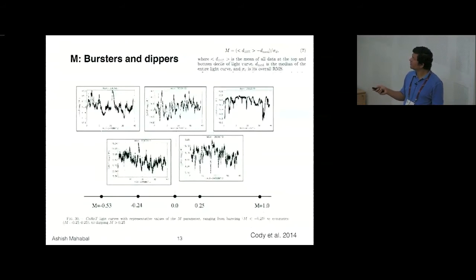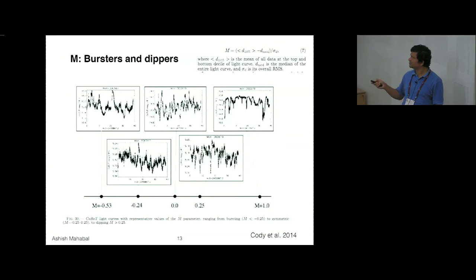Another one is where you find out points that are either in the top 10% or the bottom 10% and compare that with the median for the entire time series, and you define this M with that, which gives you bursters and dippers. So here again, minus 0.53 is what you get for something that is very irregular with a few bursts, whereas here there are more variations, 0.25.